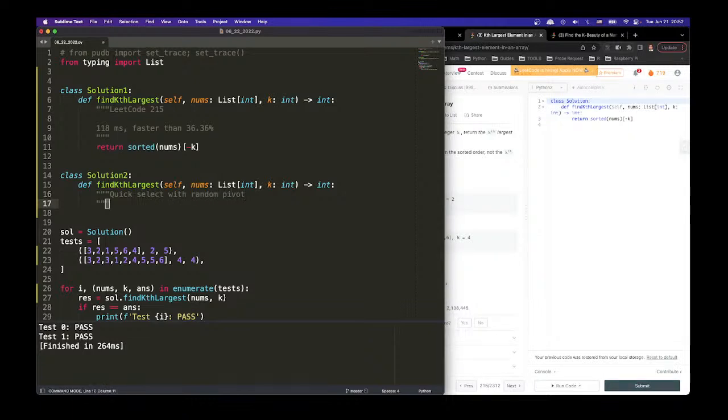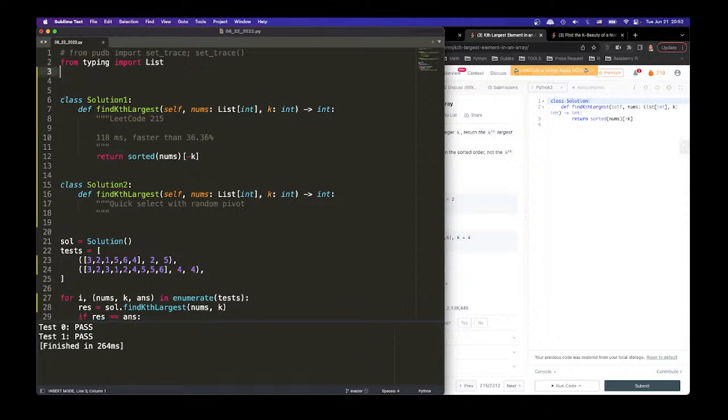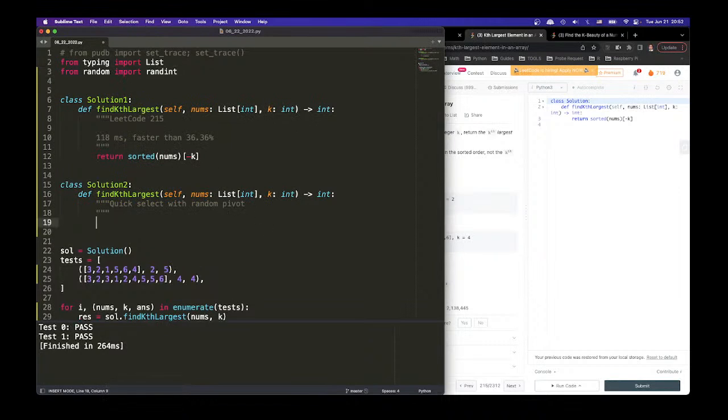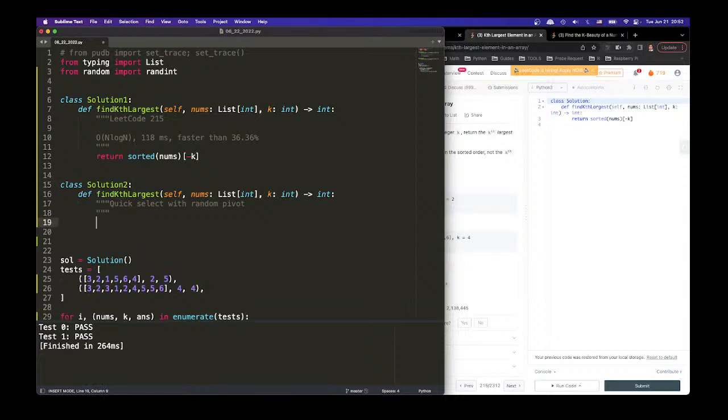Now, it is important to know if this is a problem. I mean, this is O(n log n), right? This is O(n). I would just go O(n log n), honestly. But for training purposes, all right, let's do this.